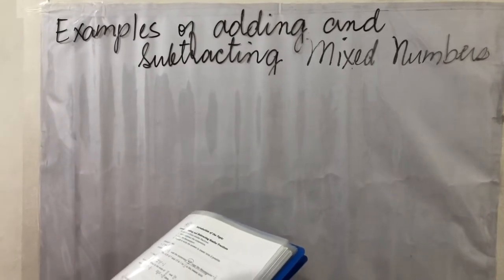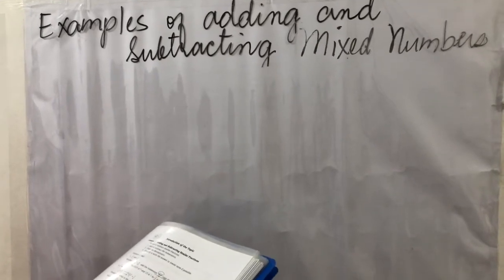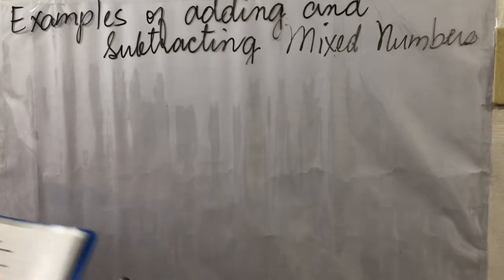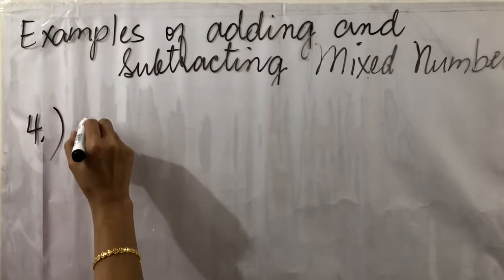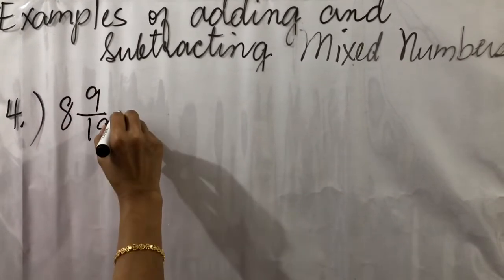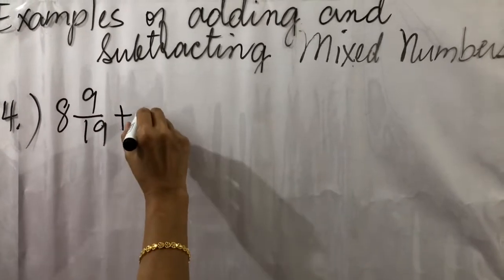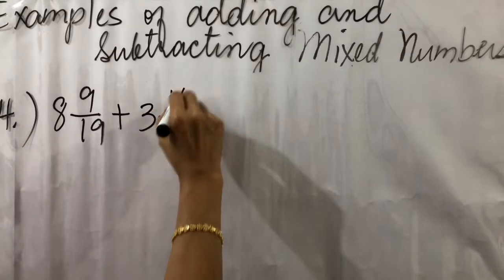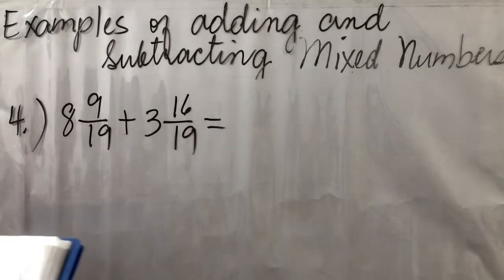Example number 4. Give the sum of 8 and 9/19 and 3 and 16/19. So the number sentence for that is 8 and 9/19 plus 3 and 16/19 equals.